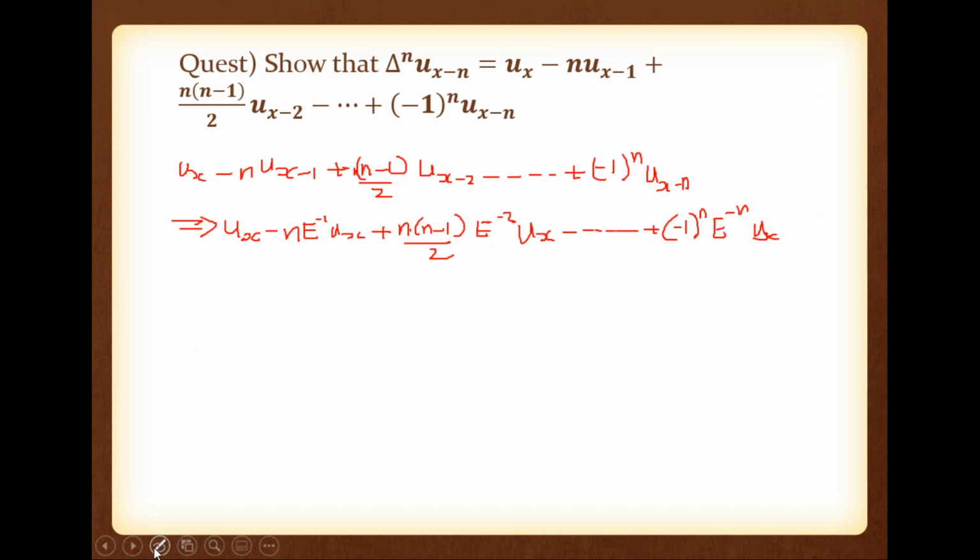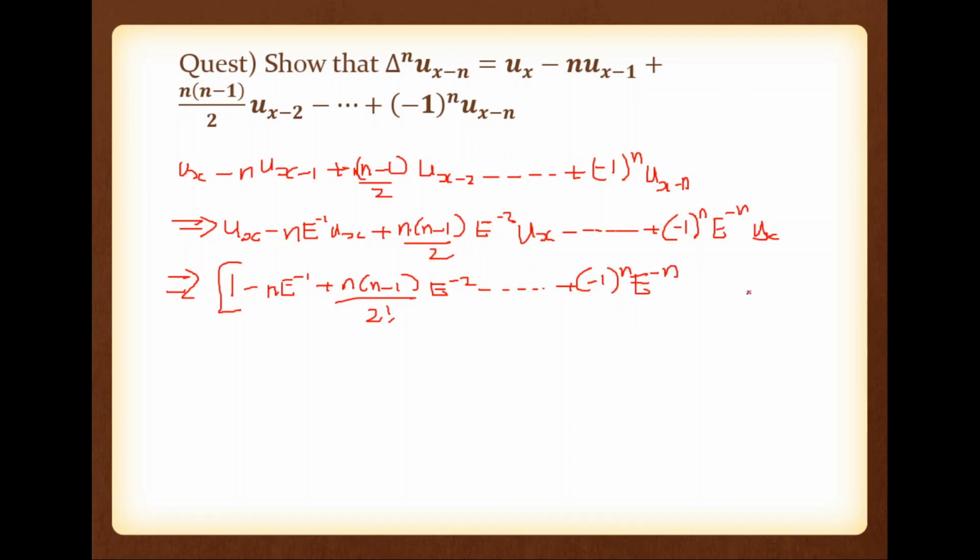So we can write this as, first term we have 1 minus, second one we have n e raised to minus 1, plus third term we can write n into n minus 1 divided by 2 factorial into e raised to minus 2, minus etc. plus minus 1 all raised to n e raised to minus n, all into ux, because we can take ux outside.